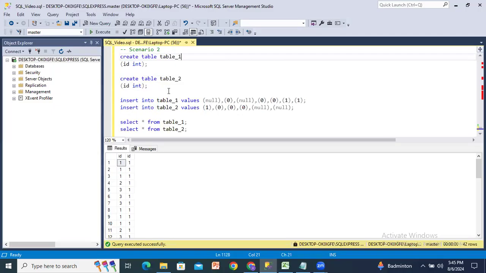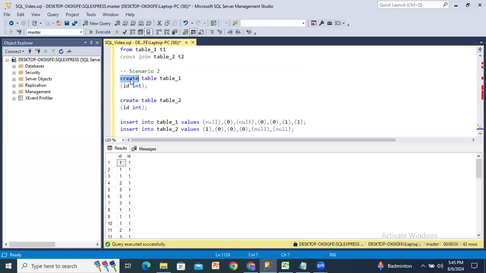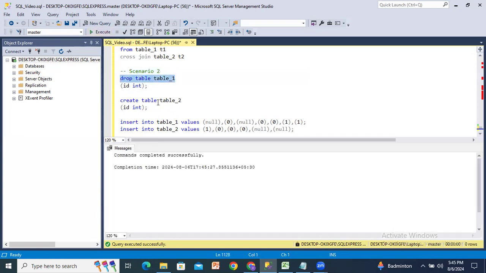So similarly, we'll see an example of scenario 2. I'll create the tables again. I will share this table code. Just look into this. Create table 1.